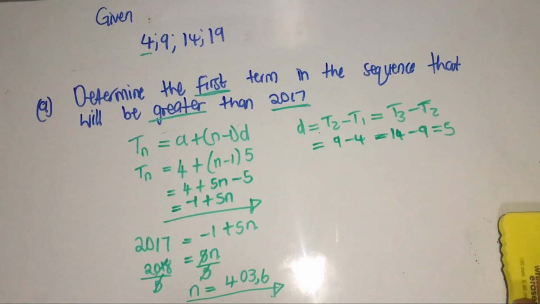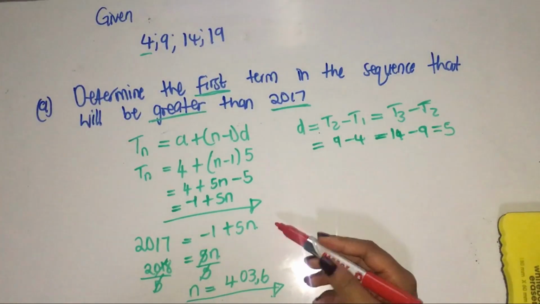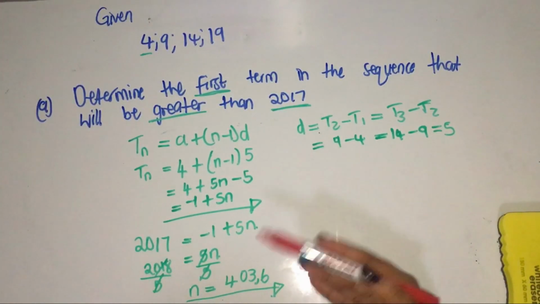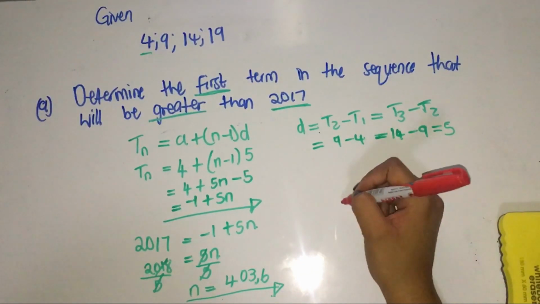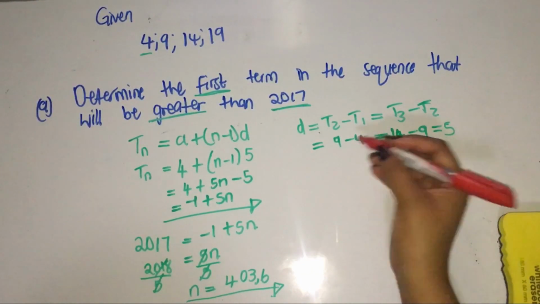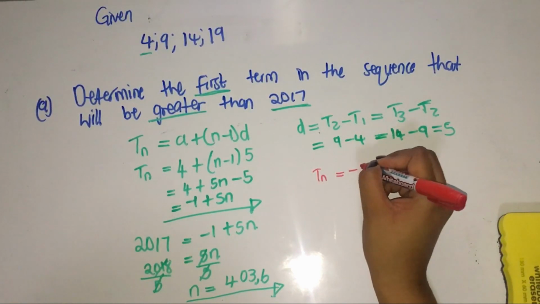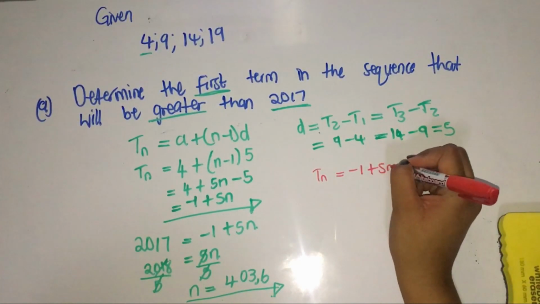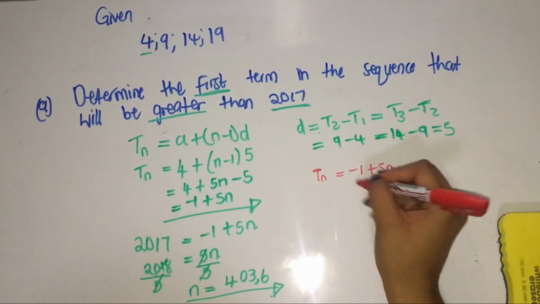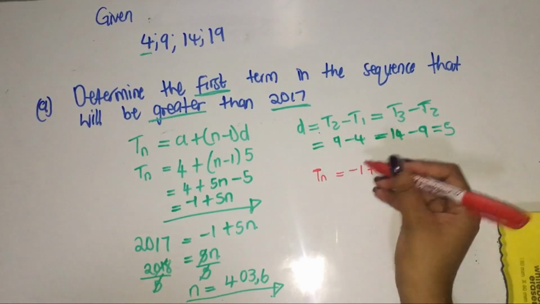All right, okay, so now roughly on the side, you're just going to do a quick substitution to check if 403.6 is correct or not. So we know that our formula Tn is equal to negative 1 plus 5n, right? And remember, this has to be greater than 2017.